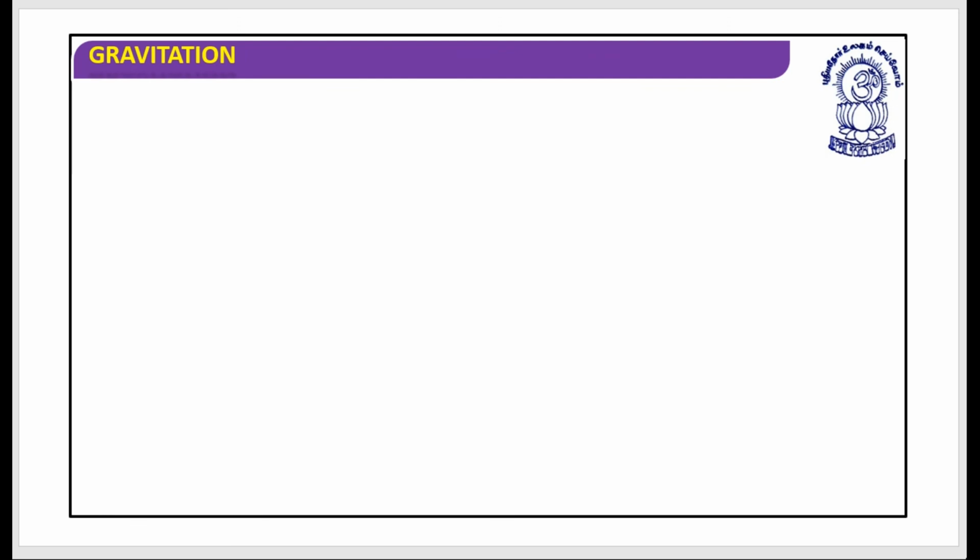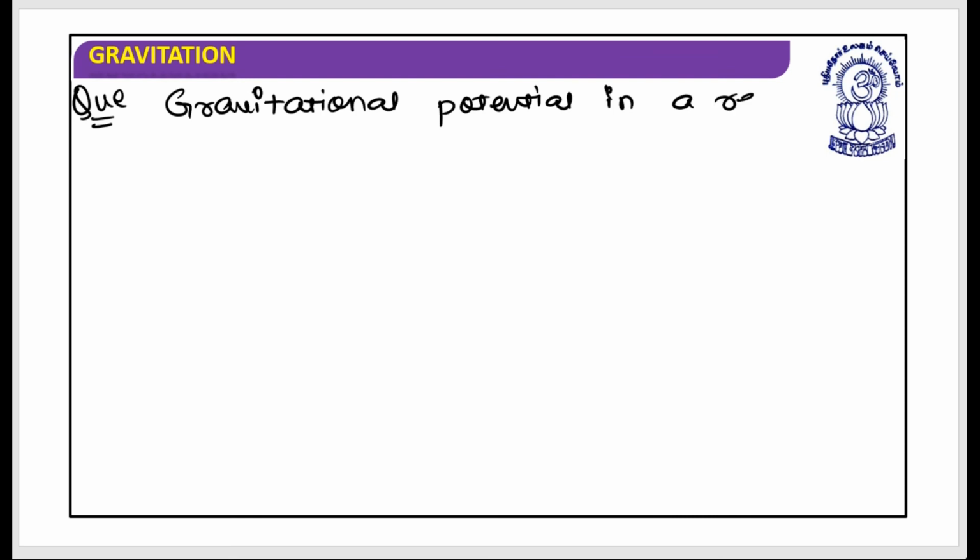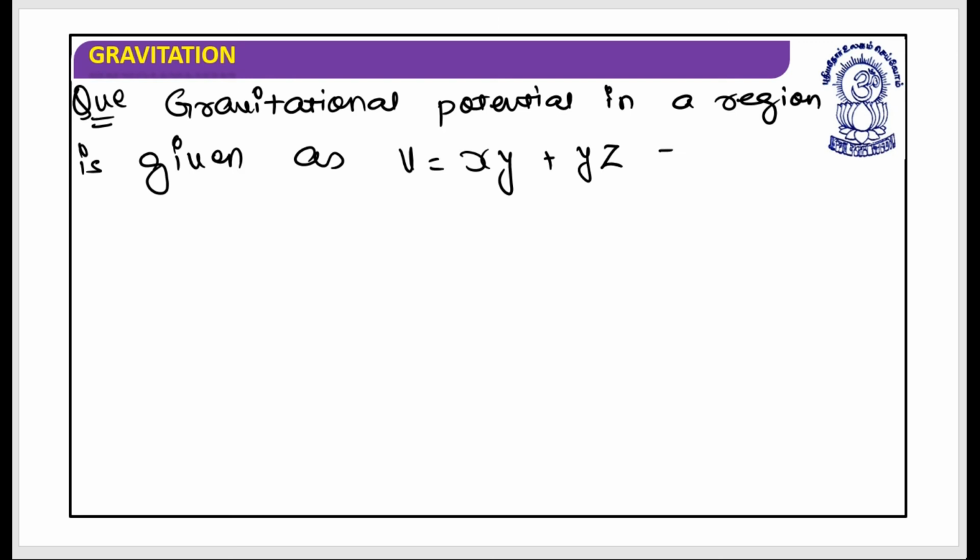Now let's work it for the gravitational field. Let's suppose the data has been given that the gravitational potential in a region is given as V equals xy plus yz plus zx joule per kg.